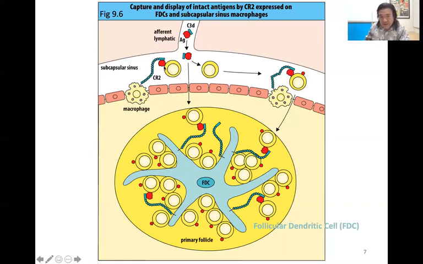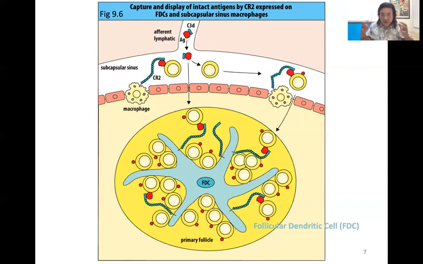But you can see here, its immunoglobulins, right, can actually bind to this antigen as well. And the macrophages help the B cells, encourage the B cells to go to the primary follicle region, where the B cells now have a chance to really see a lot of the antigen because the antigen is being presented in abundance by the big follicular dendritic cell, right?